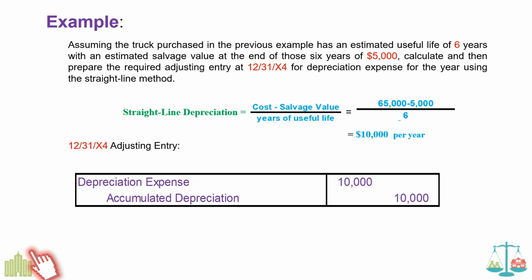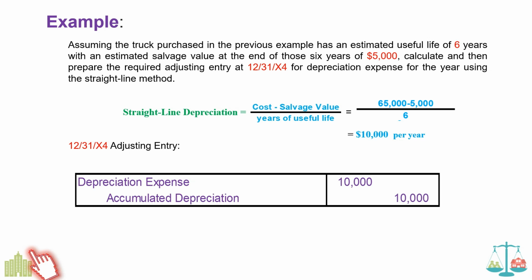So we take the total capitalized cost and deduct the salvage value of $5,000. This is the amount of diminished value we expect over the useful life. It cost us $65,000. We think it'll be worth $5,000 at the end of 6 years. So we want to depreciate that difference, which I'm going to call depreciable cost, the difference between its capitalized cost and its salvage value.